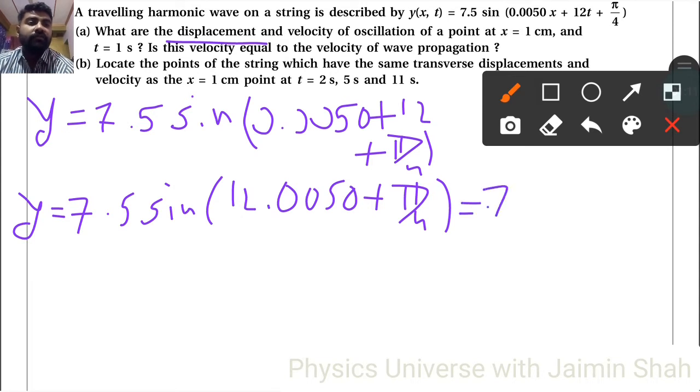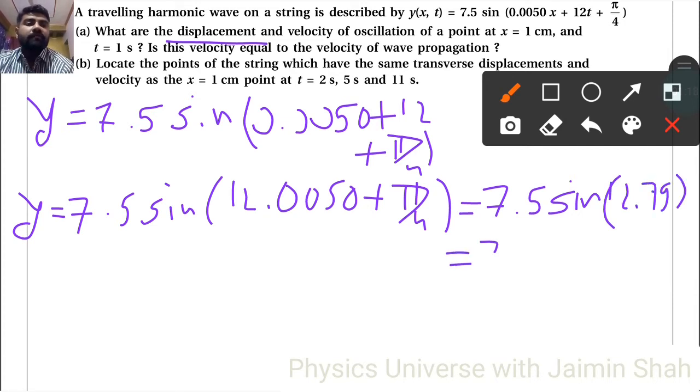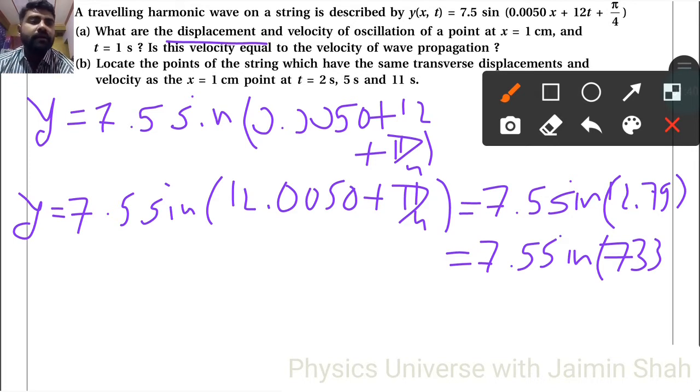So y = 7.5 sin(12.79). See, this is in radian. Now to convert from radian to degree, we have to multiply by 180 and divide by π, 3.14. So this is in degree now: 733.18.